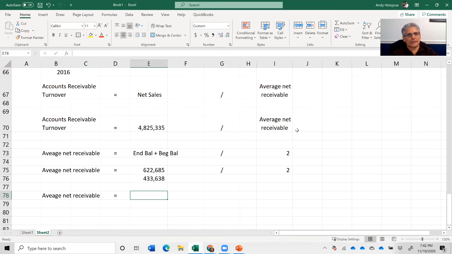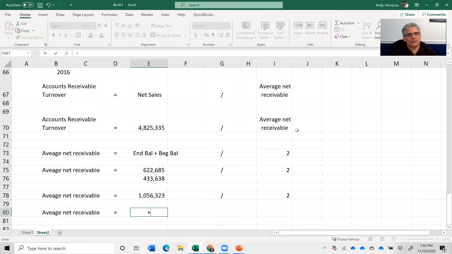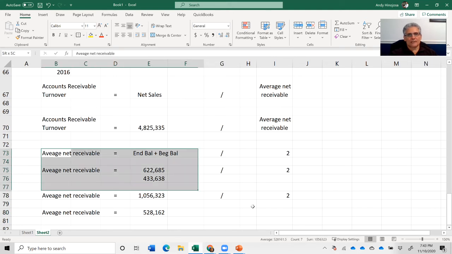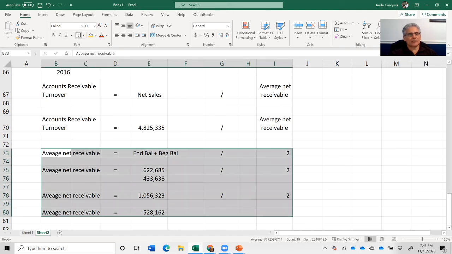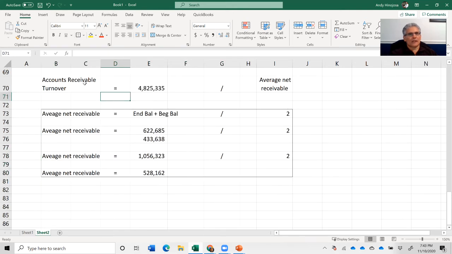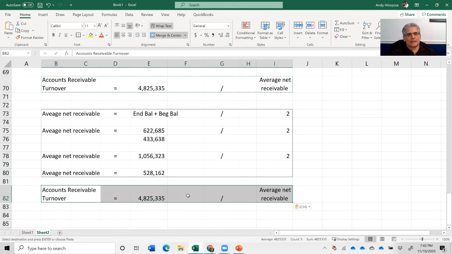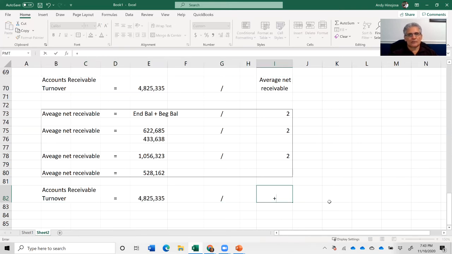All right, so now we're going to take 622,685 plus 433,638, and we're going to divide that by 2. So now we can compute our average net receivables to be 528,162. Okay, so we'll go ahead and put this in a little box so we know that that's a little computation all by itself. And now we'll go back to this, except now we can substitute an actual number.